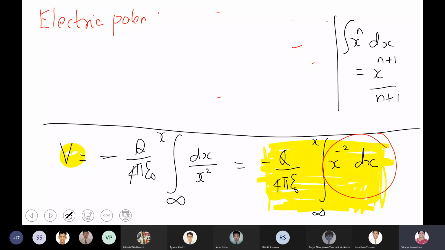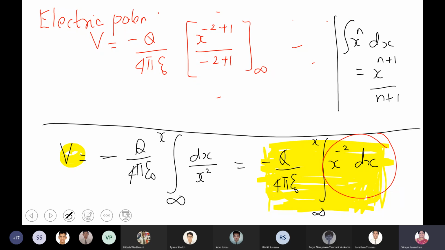So V becomes equal to minus Q by 4 pi epsilon naught, and I am evaluating this: x to the power of minus 2 plus 1 by minus 2 plus 1, with limit infinity to x. N is minus 2, so according to your identity, it will be minus 2 plus 1.